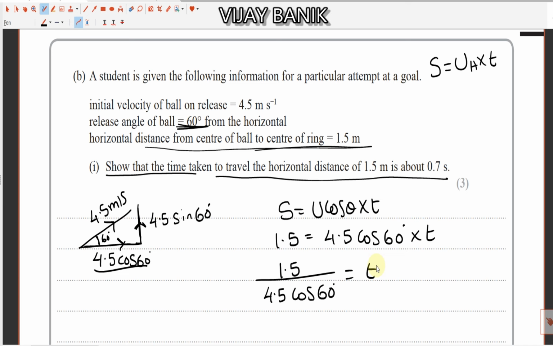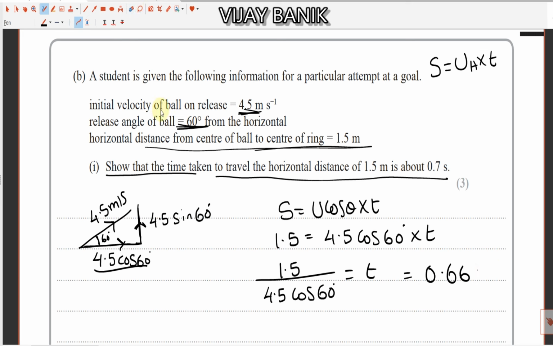Let's calculate that. We get around 0.66 seconds, which is close to 0.7 seconds. Here everything is given in two significant figures, so I gave my answer also in two significant figures. That is close to 0.7 seconds. I'm not sure about this, but we could write that they are equal to each other. Actually, don't do that, just write 0.66.